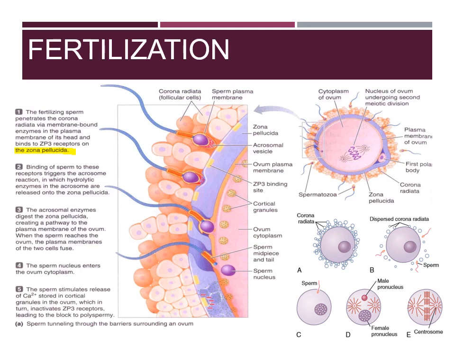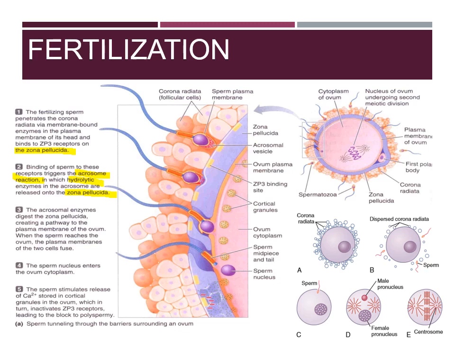Then binding to this receptor will trigger the acrosome reaction, which will release hydrolytic enzymes that will start digesting the zona pellucida, which is a layer covering the ovum. It comes after the corona radiata.